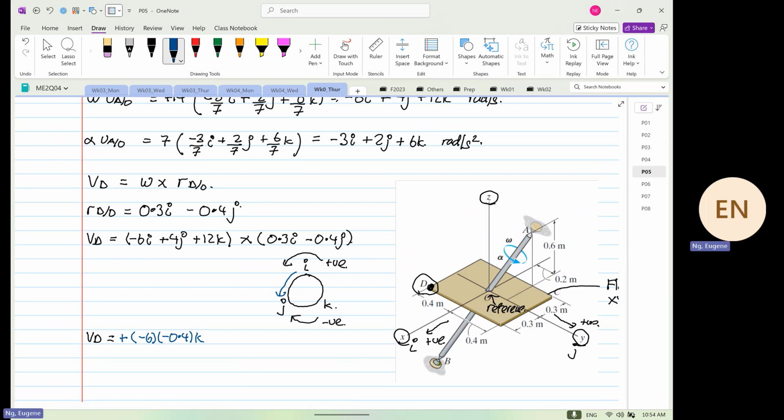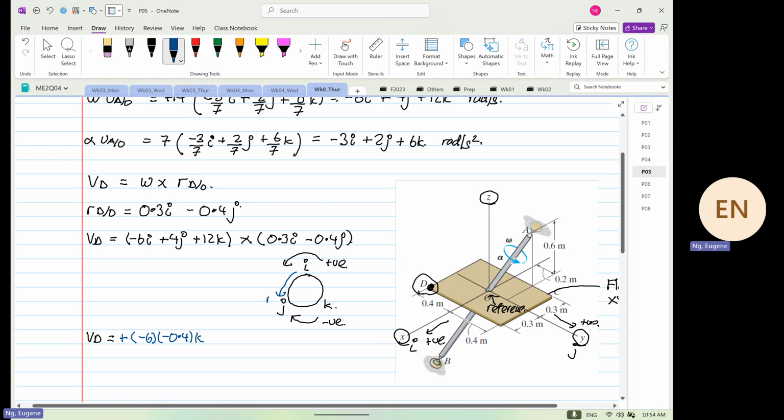Then the next one, J cross I. J cross I is in this direction, yes or no? Positive or negative? Negative. Then you put down a bracket, so positive 4, from here, and then positive 0.3, also positive. J cross I is equal to K. J cross J, nothing.